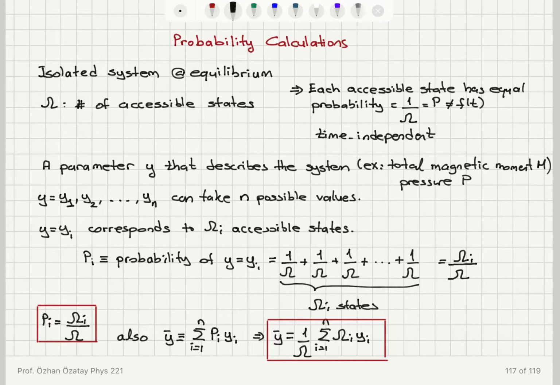And similarly, I can calculate the variance or the dispersion of y.